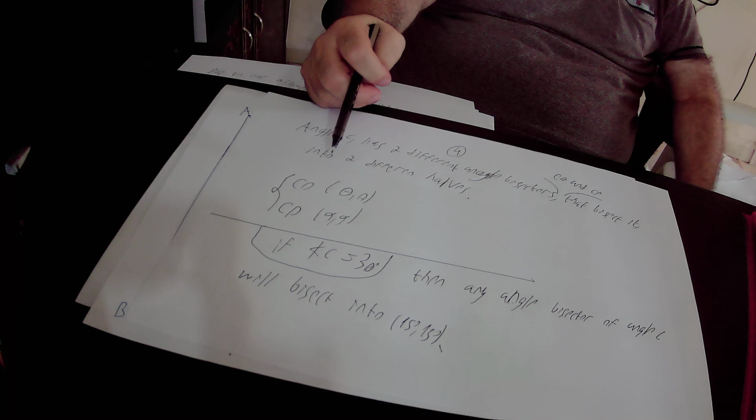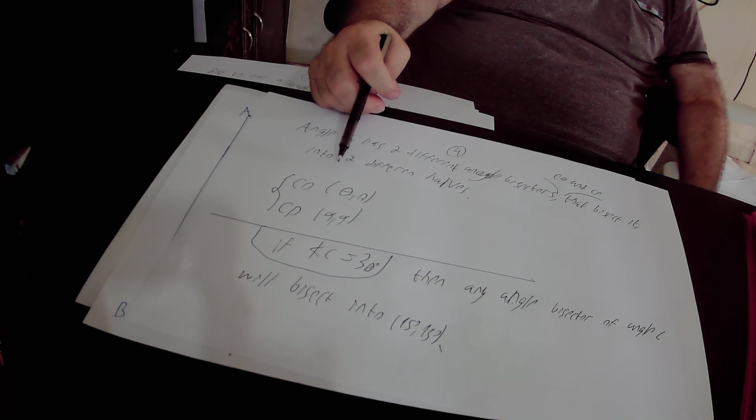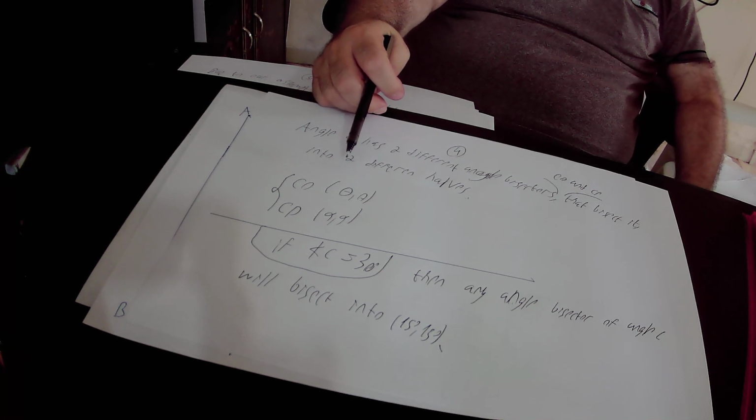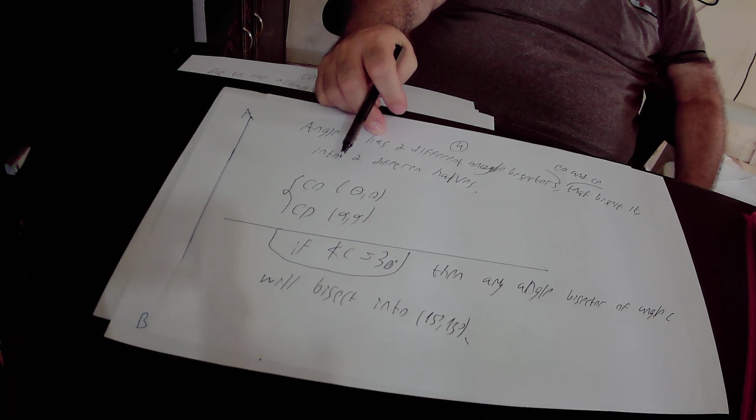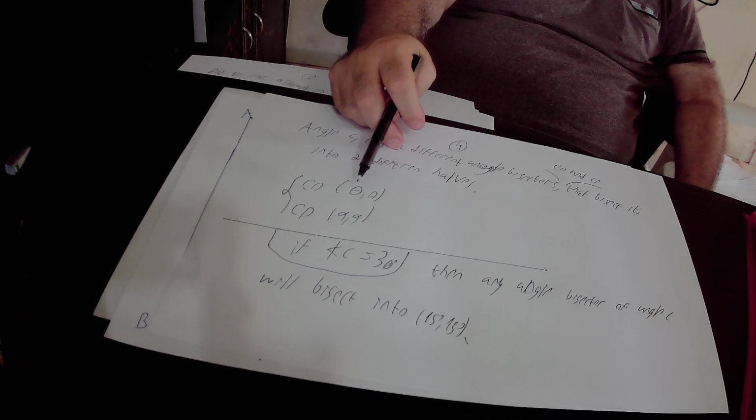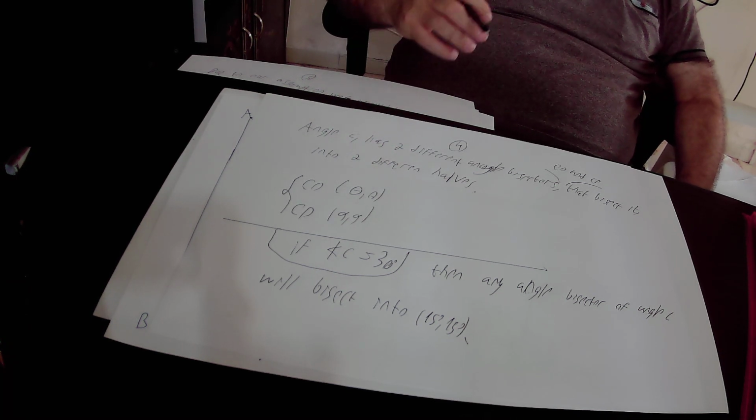While angle bisector CO bisects it into two halves that are theta and theta, angle bisector CP bisects it into two different halves that are alpha and alpha. And it is impossible. Why?